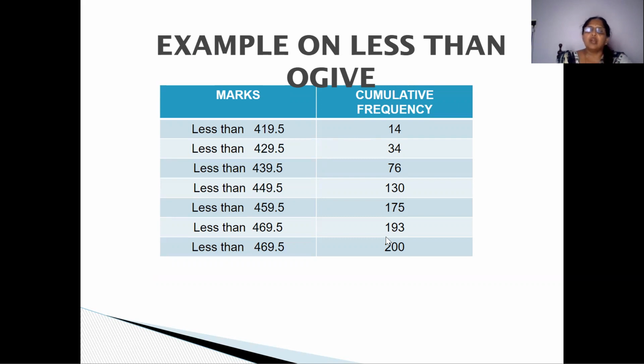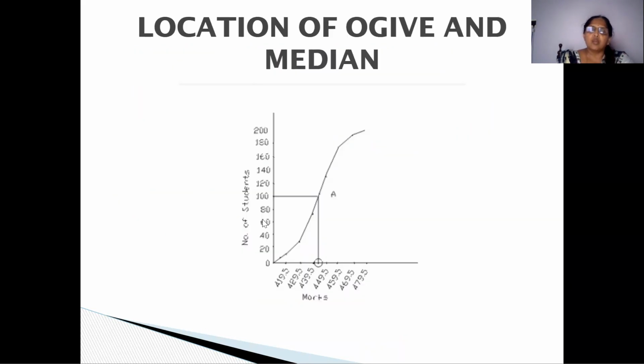Always locate the frequencies on the y-axis, as I have already told, and always locate the class intervals on the x-axis. The class intervals are given: the first class starts at 419.5, then 429.5, 439.5. This is the class interval.